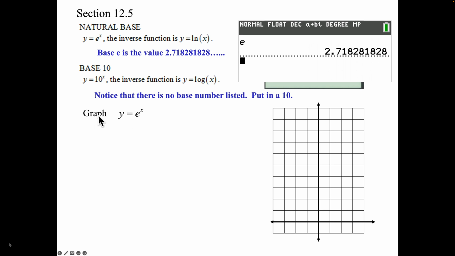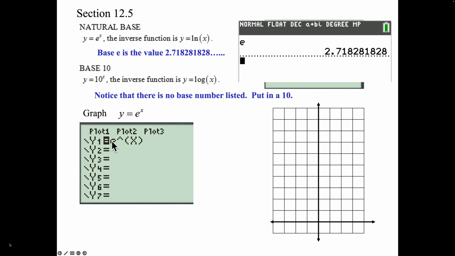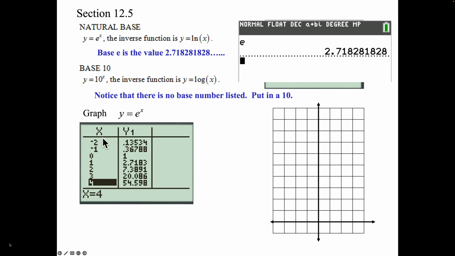Now if I wanted to graph e to the x, y equals e raised to the power of x, I can put this in my calculator and look at the table, second graph. We'll activate the table and look at your values. Here's -1 and 0.36788. Plot it. There's 0, 1, which we have to have.